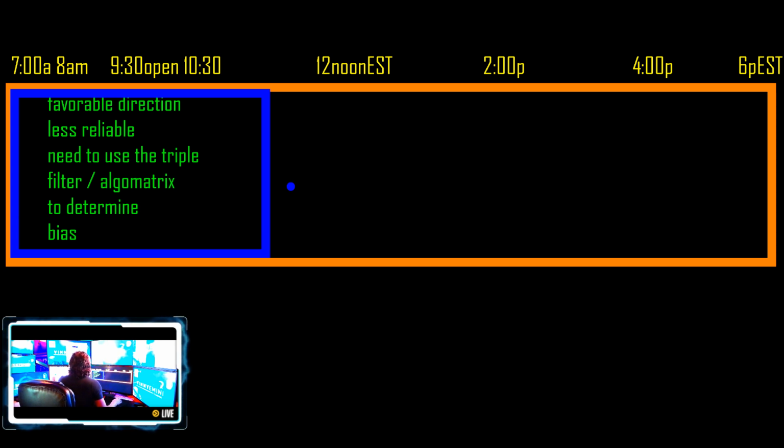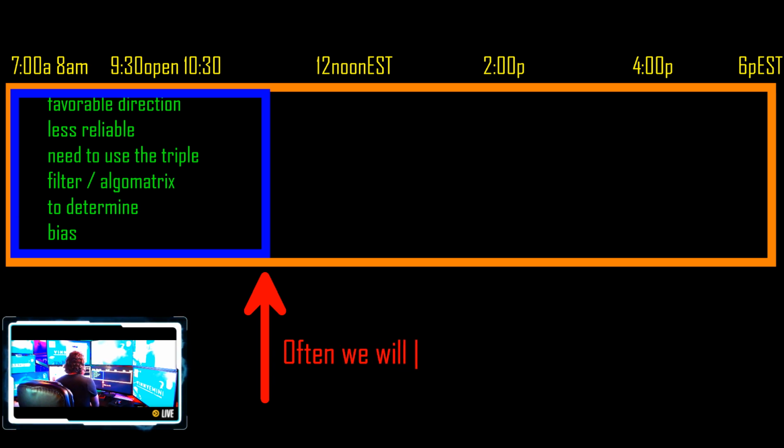Now what typically happens right here, this is another piece we talked about even just recently. There is a very big key of something that happens right here. And what is it? Often we will see the big reversal at this time of day. So what do I mean by the big reversal?